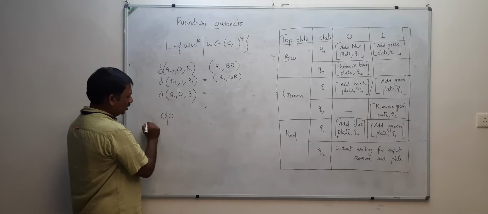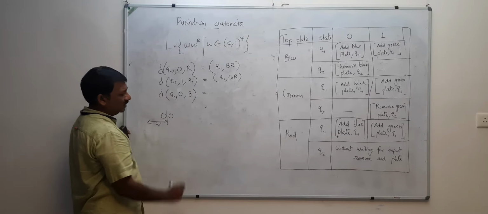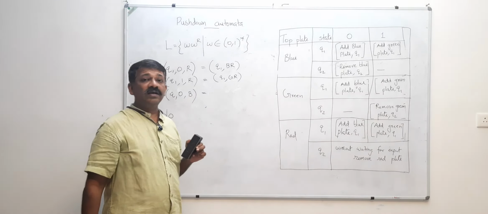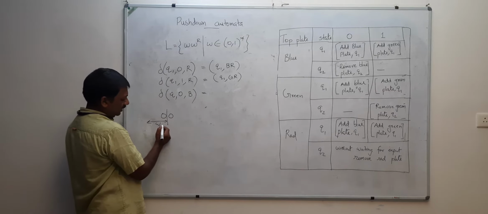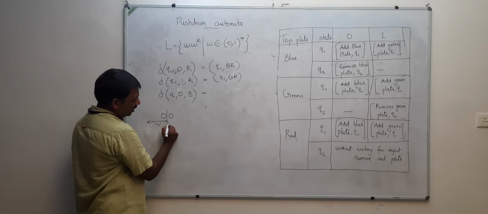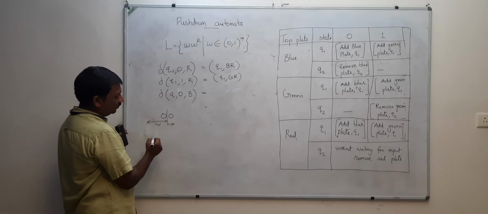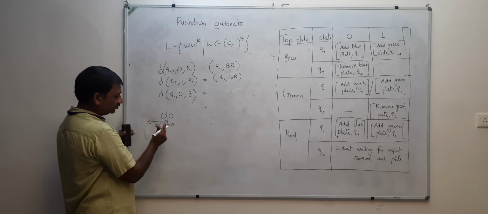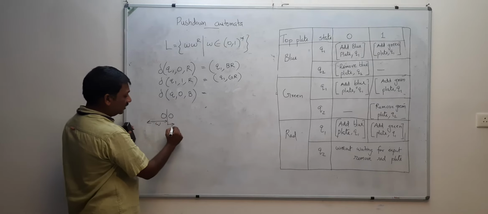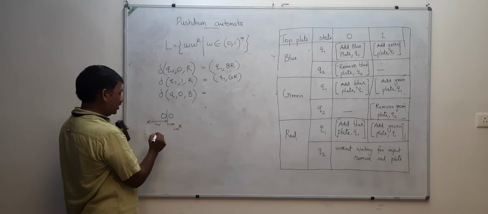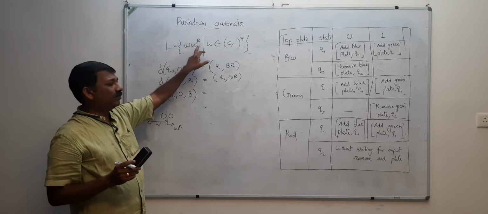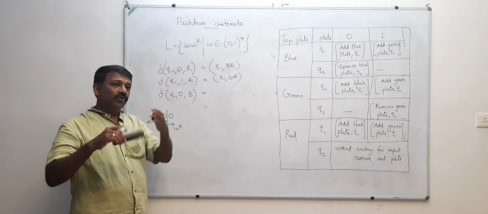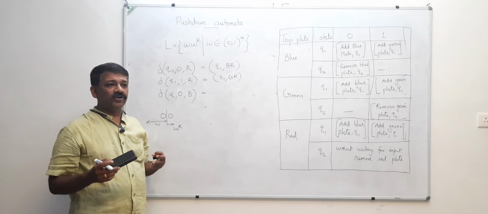In between, this W can terminate. If this W is terminated, after this point onwards, you have to verify whether this is W raised to R. That means, as I told you earlier, for this W raised to R, you are going to design a non-deterministic finite automaton.